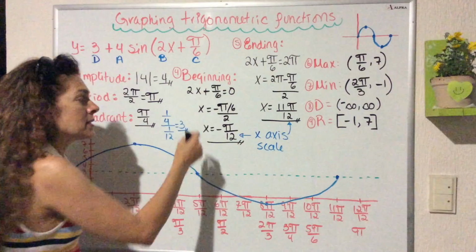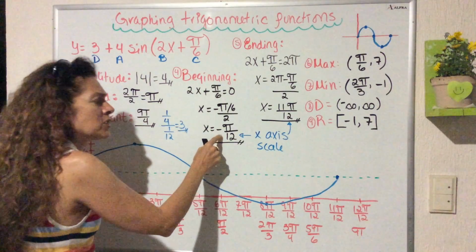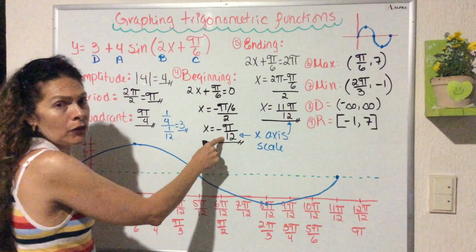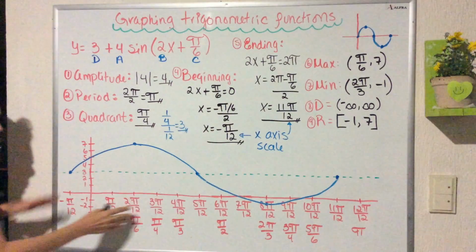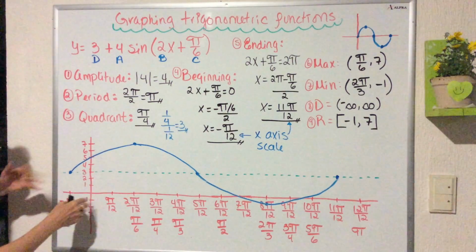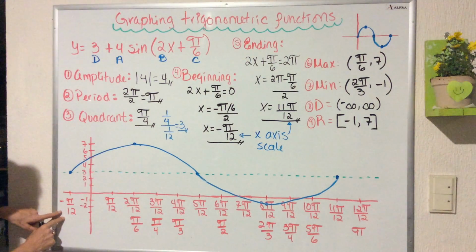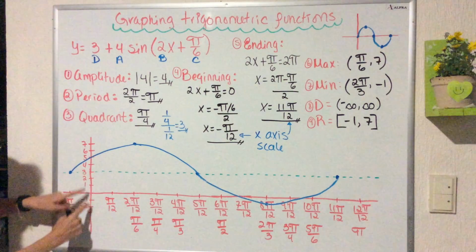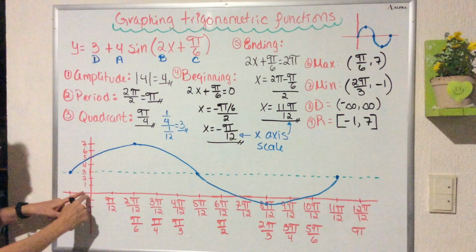And careful, dear students, these 12s are telling us which is going to be the scale for the x-axis. So look here in the coordinate plane, we are going to write, in the x-axis, the scale from the origin. Here we have 0 pi.